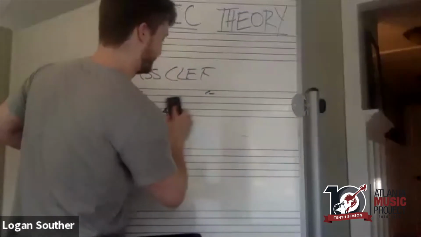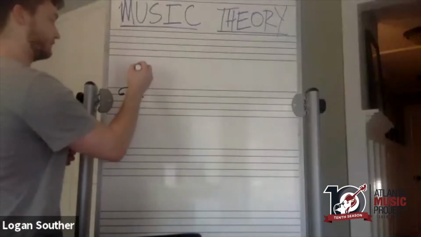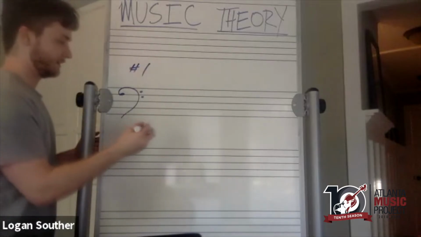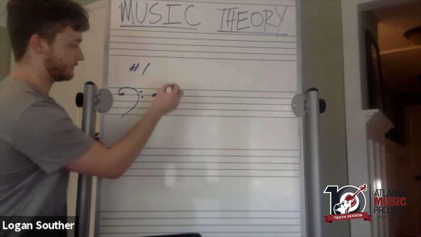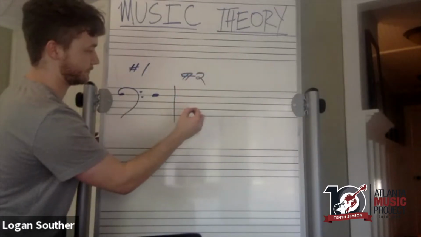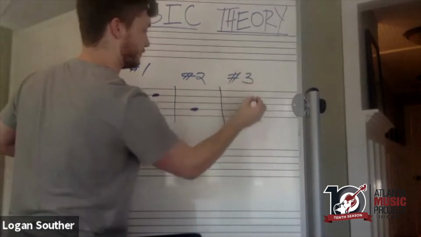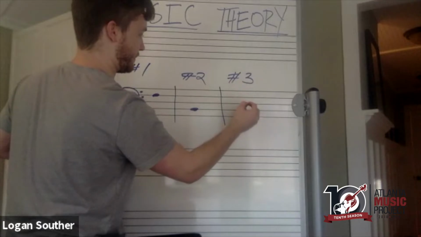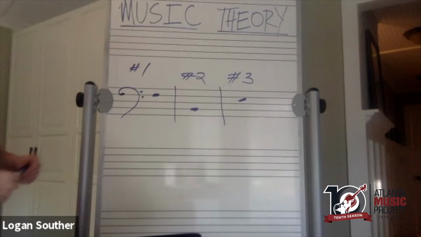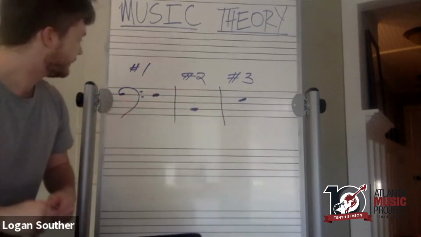All right. So go ahead and write these down, and your answers to which notes do we have here. All right, when you're ready, we need someone for number 1, number 2, and number 3.